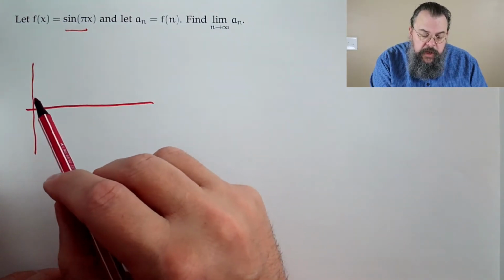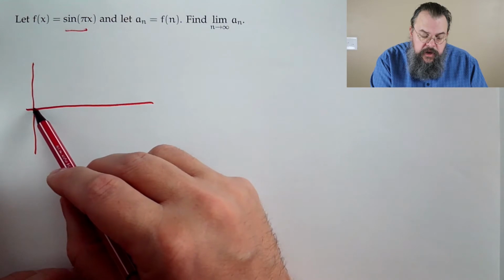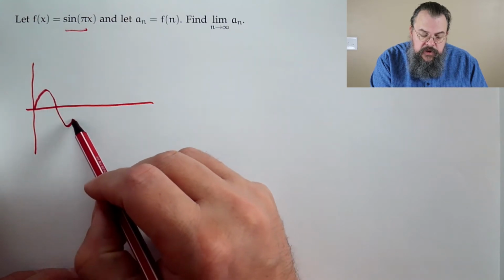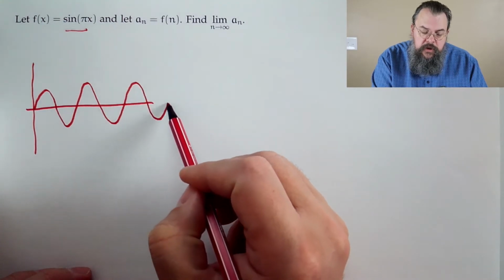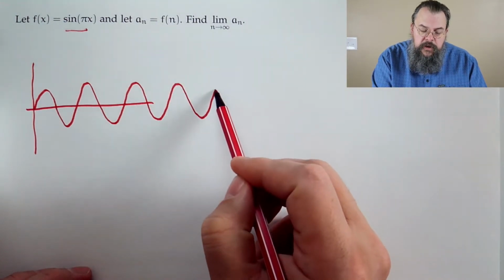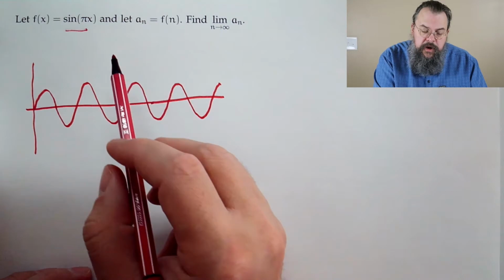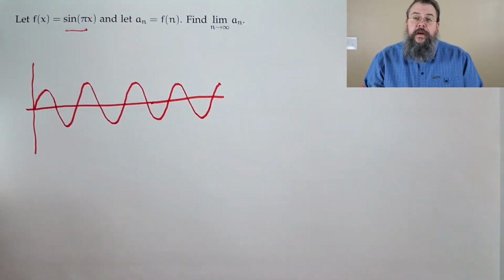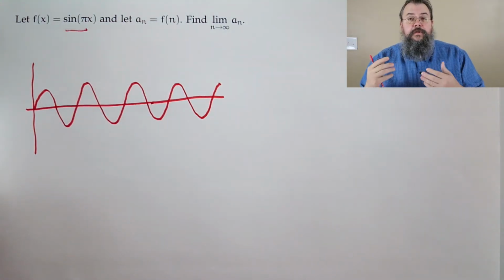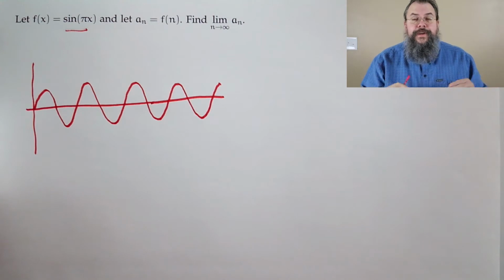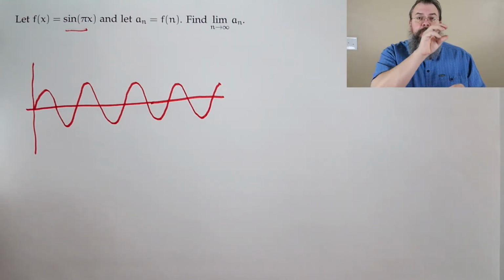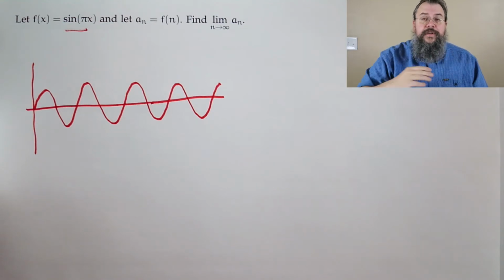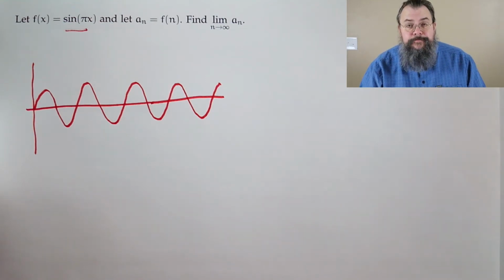Well, what we have is sine is oscillating. It goes up and down. So we're going to go up and down infinitely far as we head off, right? And now, if we think about our function as a function of x, in other words, continuous, what's the answer? Well, if we're going down and up infinitely often, well, it's not going to converge to anything, right?